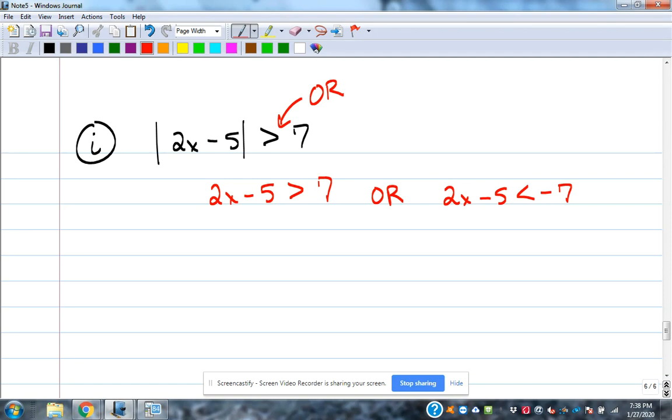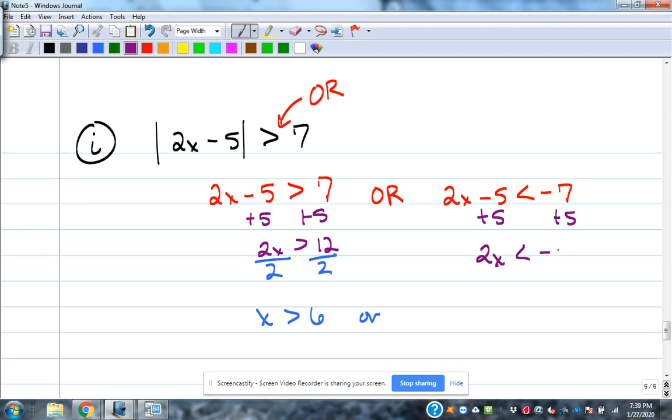Solve each of those separately, just like we did with the equations. 2x is greater than 12. Divide by 2. X is greater than 6. Or, over here, solve this one. Plus 5. 2x is less than negative 2.